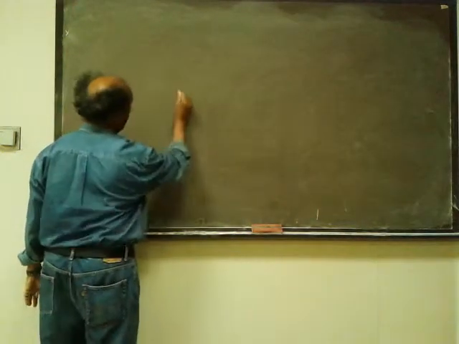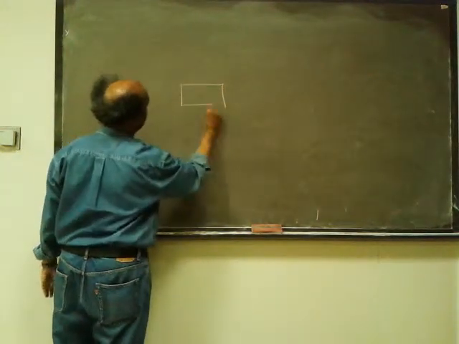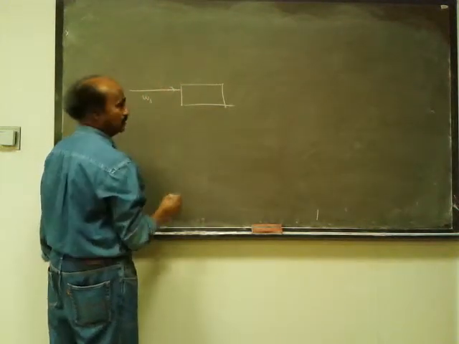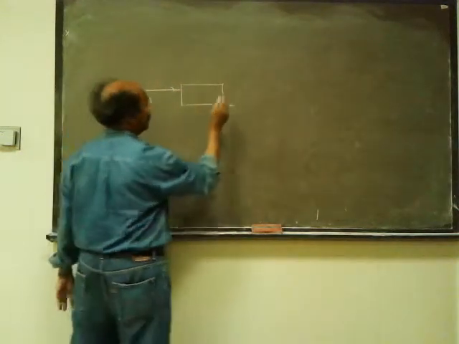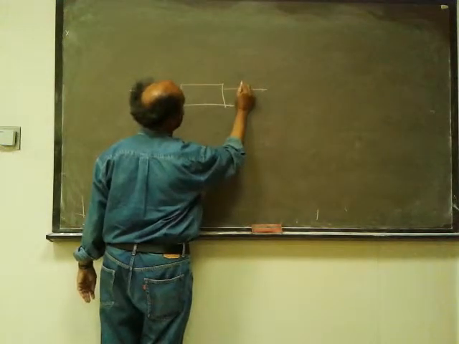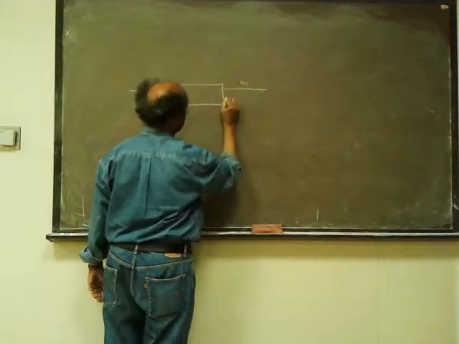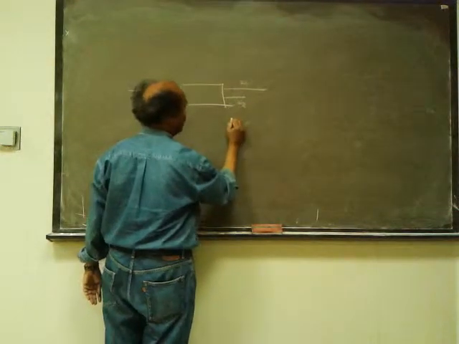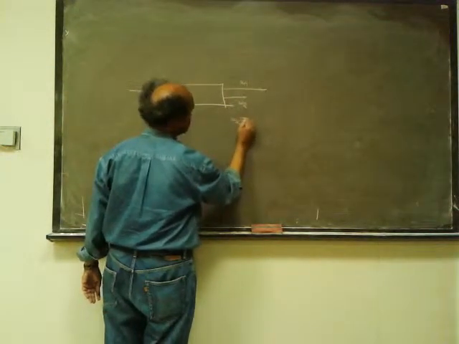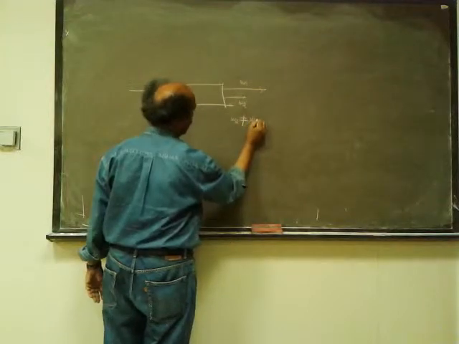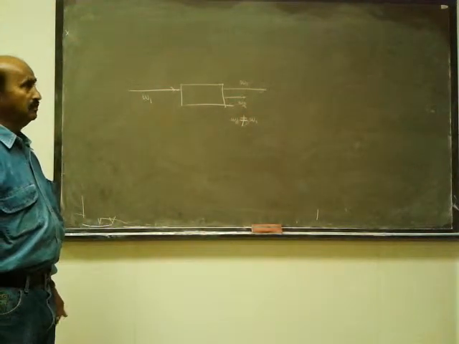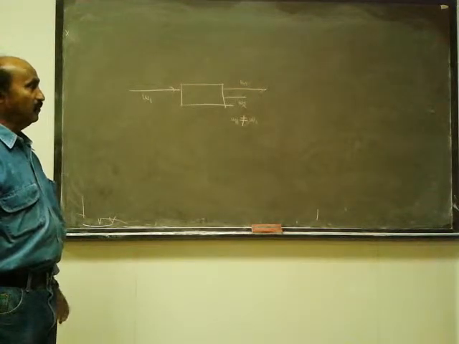Then look at it. I have a material. I send omega 1. Suppose I get a laser at omega 1 and omega 2, where omega 2 is not equal to omega 1. What does it mean?